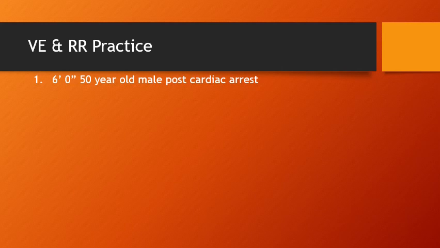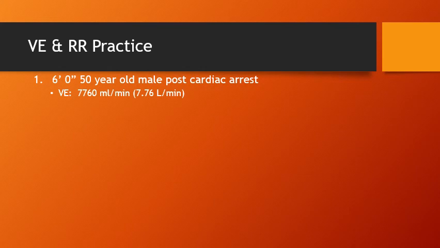Go ahead and pause your video and use the ideal body weight that we've already calculated for this patient, as well as the tidal volume that we've already calculated, to figure out A, what his targeted minute ventilation should be, and then B, what his respiratory rate is going to be to start with.